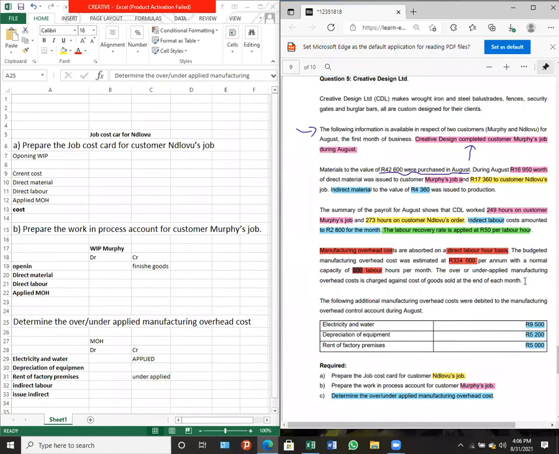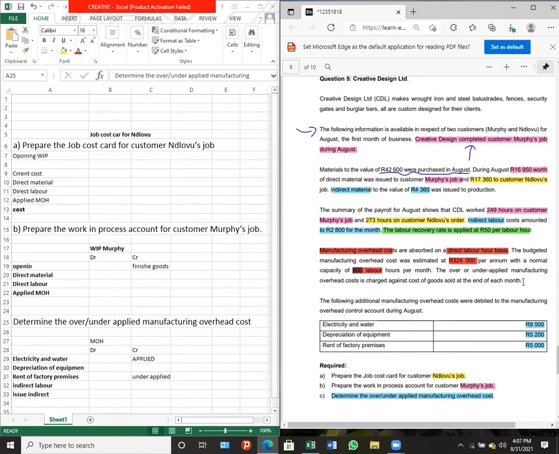Remember, in your quiz there was a question where most of you made a mistake. They gave you cost of sale, and in brackets they said before any adjustment. Remember, over and under applied, you should use those amounts to adjust your cost of sale.